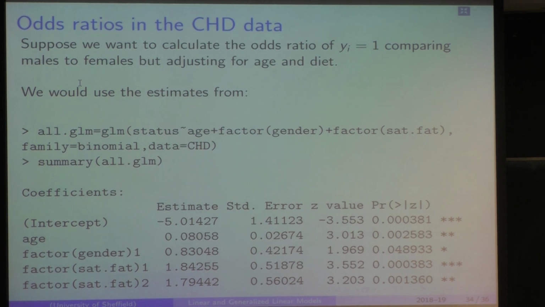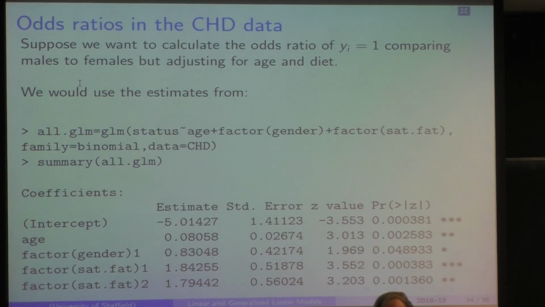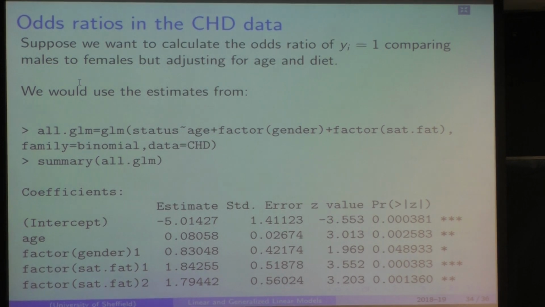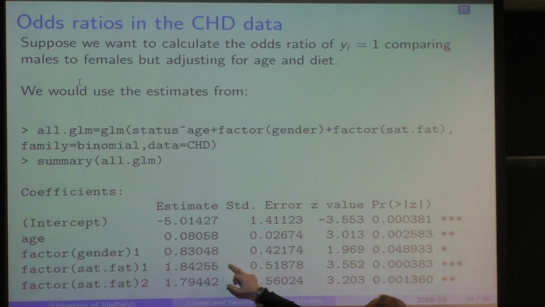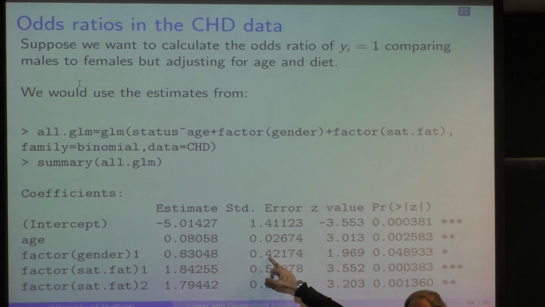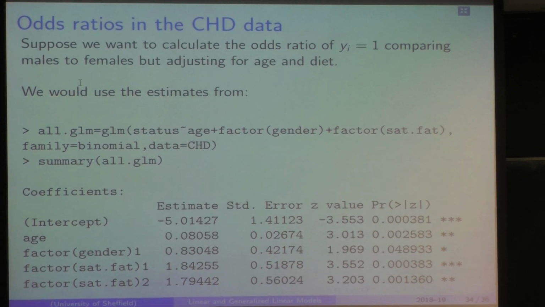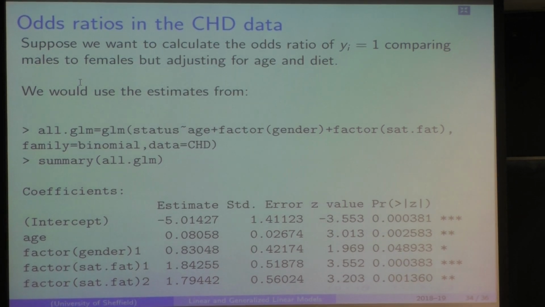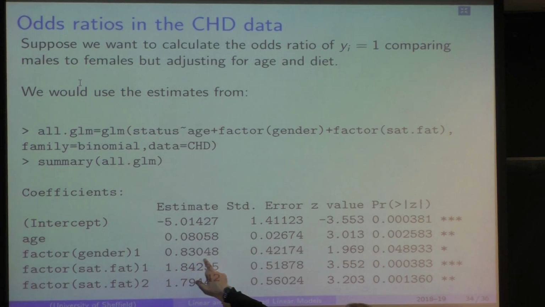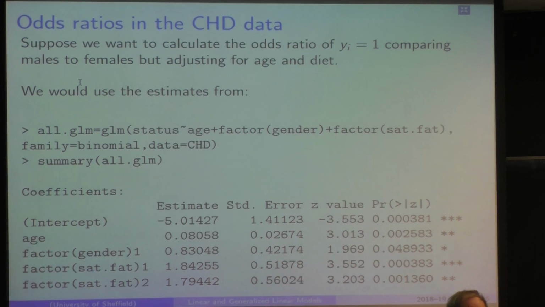So if we, for example, want to get a confidence interval for the odds ratio for gender, just as the thing we just calculated, this is our estimate, 0.83048, and this is our standard error for that estimate. So we can simply calculate a confidence interval for the log odds by taking this value as the center point and going for your standard 1.96 if you want a 95% confidence interval, times the standard error on either side.